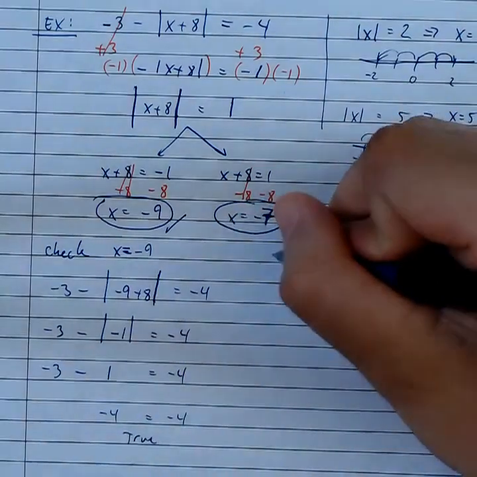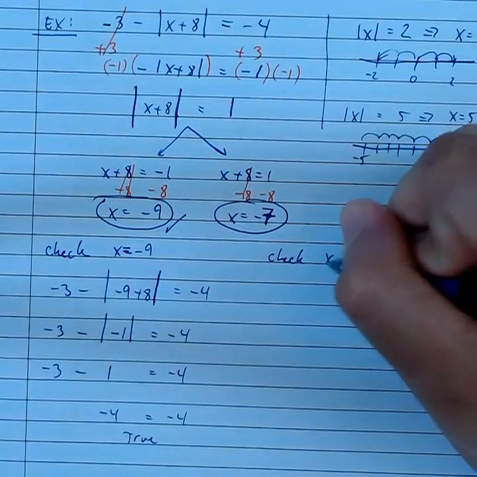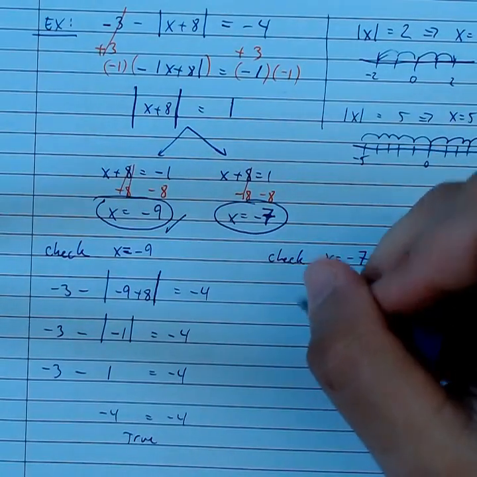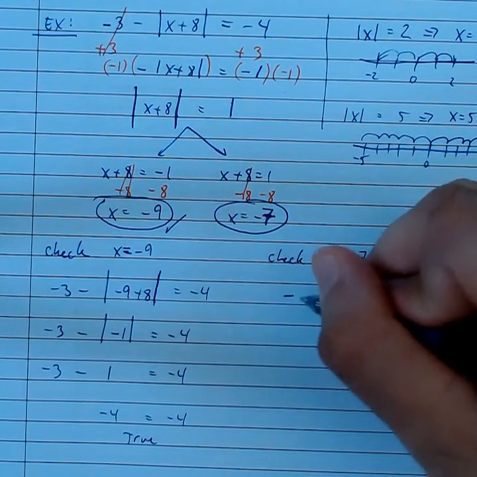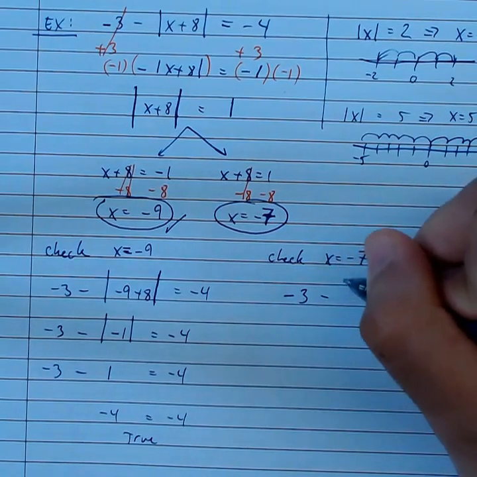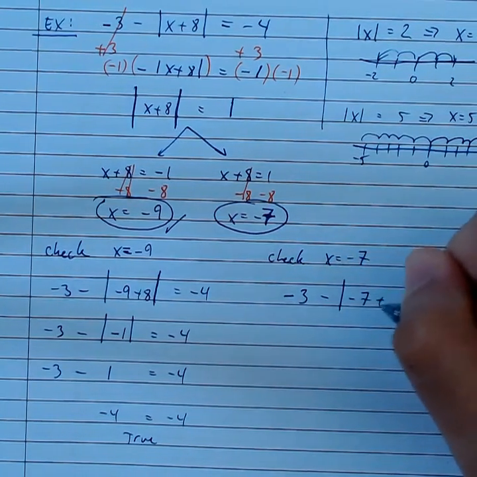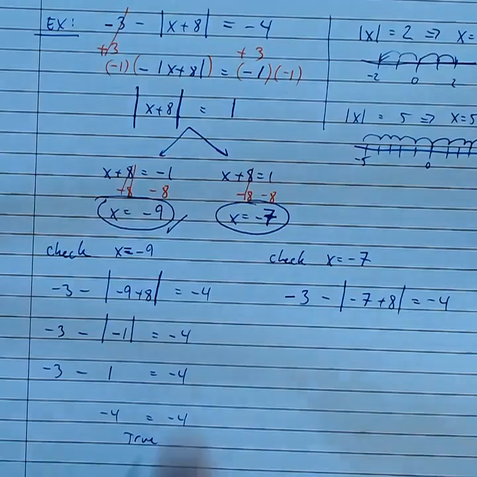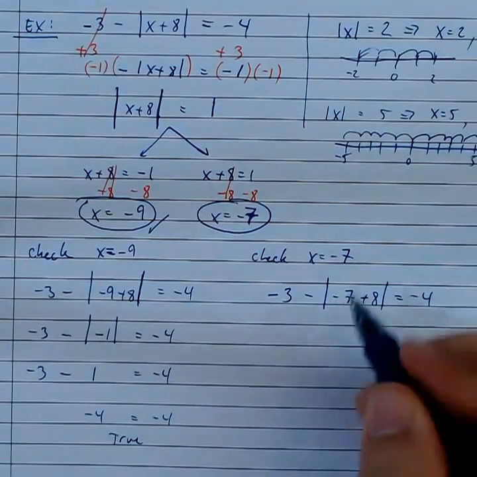Let's try negative 7. That's going to be negative 3 minus the absolute value of negative 7 plus 8, and that's equal to negative 4. Let's see if that's true. 8 minus 7 is 1.